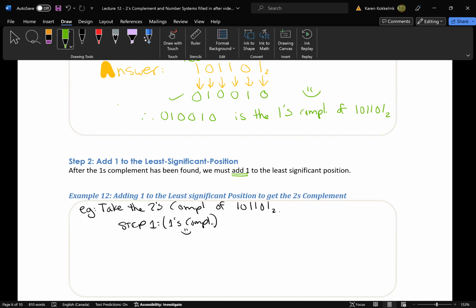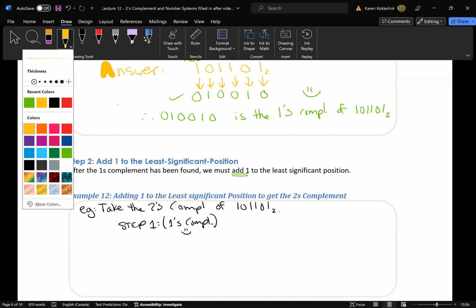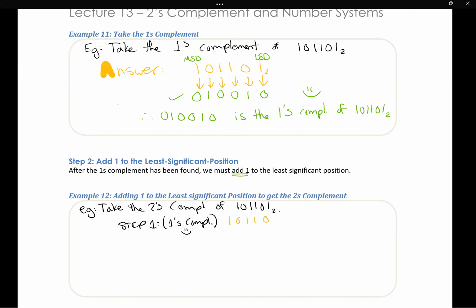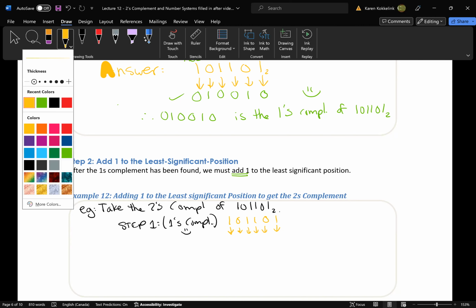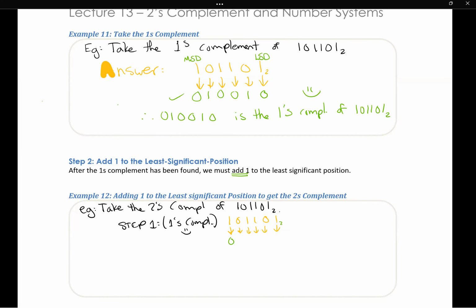So let's write it out. 1, 0, 1, 1, 0, 1. Ones turn into zeros, zeros turn into ones. I'm repeating what I just did. I'll go from this position. 0, 1, 0, 0, 1, 0. All right, this is the 1's complement. There's no harm in writing down these redundant words just to remind myself, this is the 1's complement. And then we have a step 2.